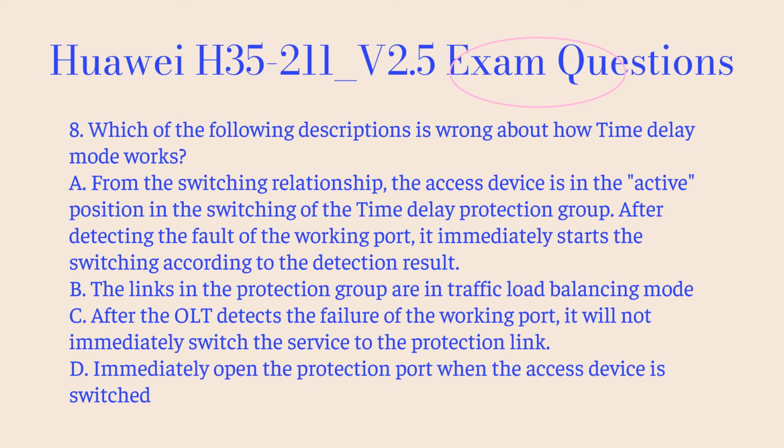B. The links in the protection group are in traffic load balancing mode. C. After the OLT detects the failure of the working port, it will not immediately switch the service to the protection link. D. Immediately open the protection port when the access device is switched.